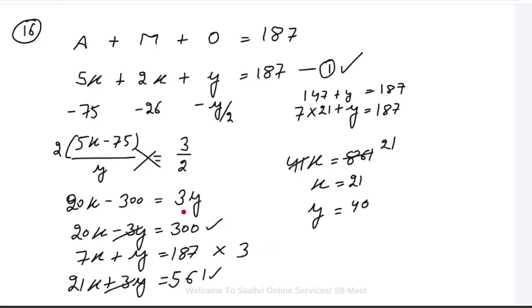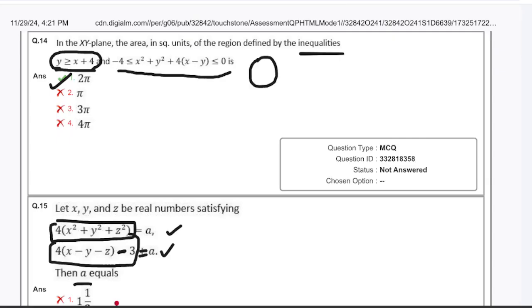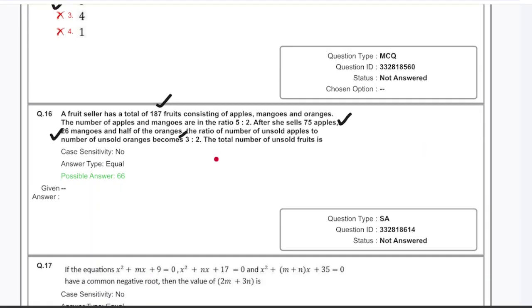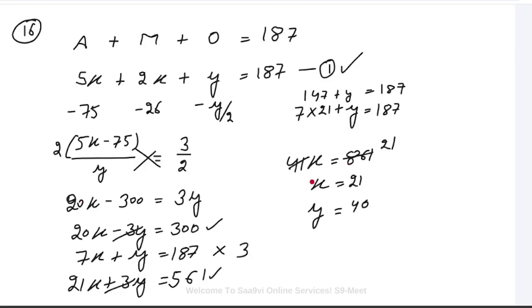Now the question is about how much total unsold fruits we have. The unsold fruits we're going to have, that is 5x.